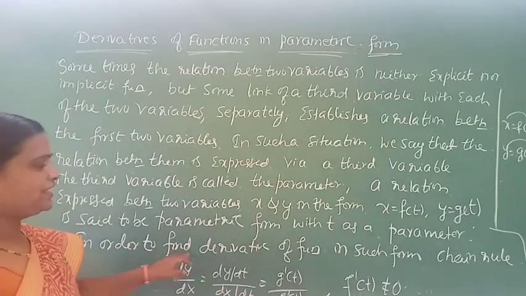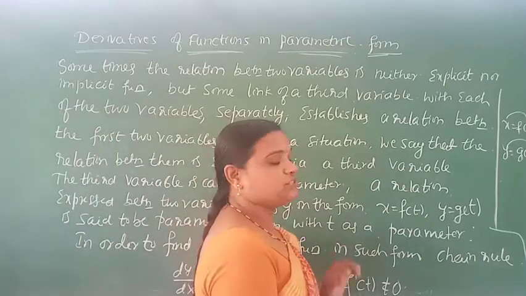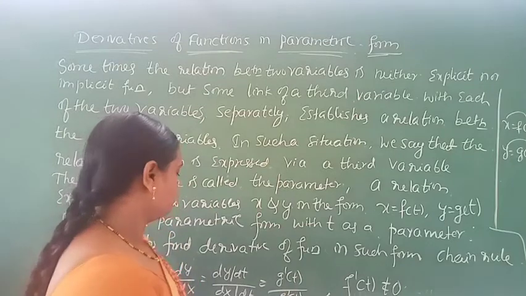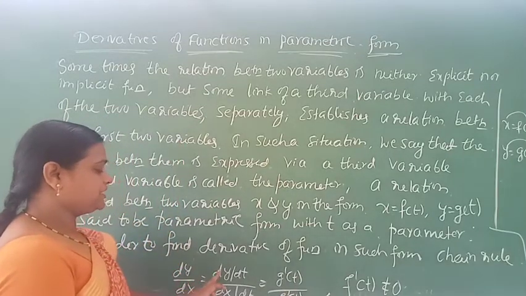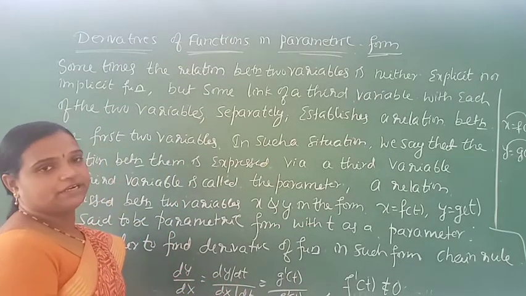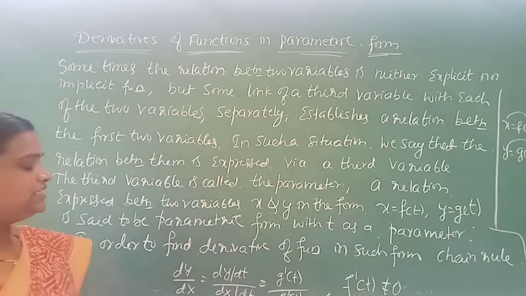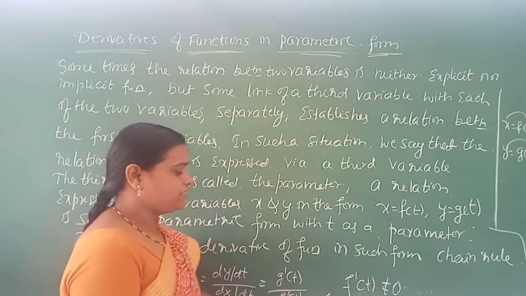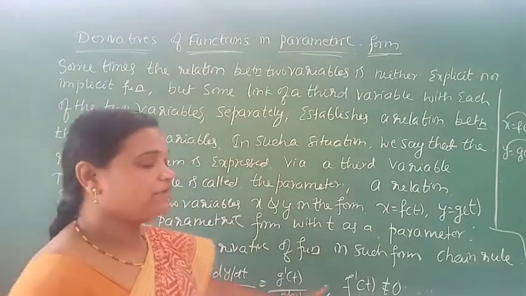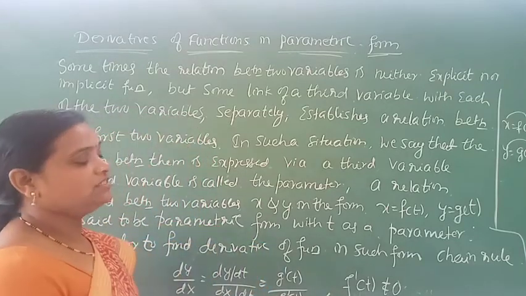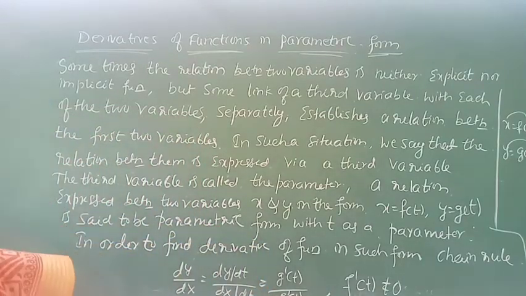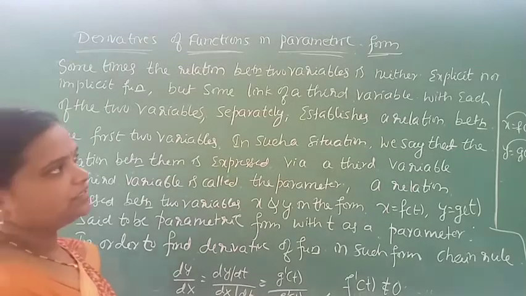In order to find the derivative of such functions, we use the chain rule, and dy by dx can be done as dy by dt divided by dx by dt, that is g dash t divided by f dash of t, but the denominator f dash of t is not equal to 0. Did you understand?